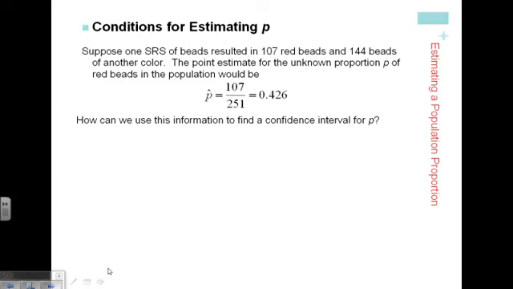What if you scooped up a bunch of beads, got 144 beads, and 107 of them happened to be red? Does that give you the ability to have some insight about what proportion in the population is red beads? That's the idea, again, of sampling instead of doing a population census.